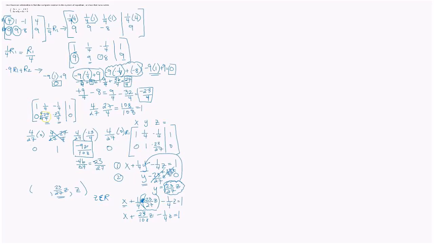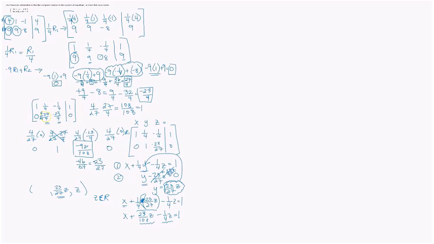And then I can combine like terms. So 23 over 108z minus 1/4 z. I need to make like denominators, so I'm going to use 108. 4 goes into 108 how many times? 108 divided by 4 equals 27.